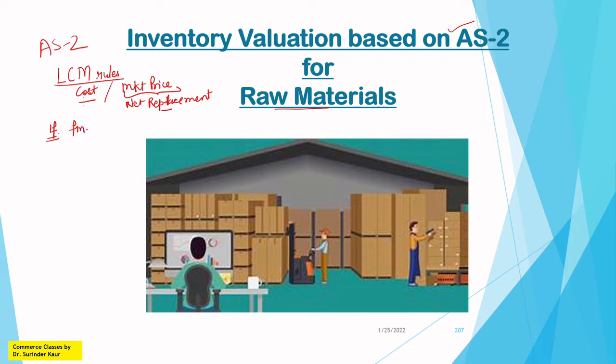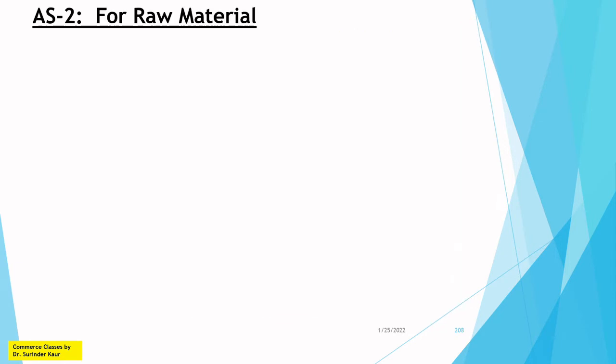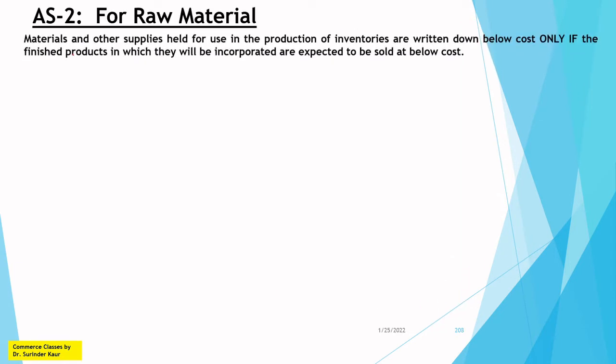The condition is that the finished products of which the raw material is a part are being sold, or will be sold, at a price which is below cost. Then only inventories of raw materials will be valued on the LCM formula. So materials and other supplies which you hold for the production of goods will be written down below cost only if the finished products in which they are incorporated are to be sold below cost.